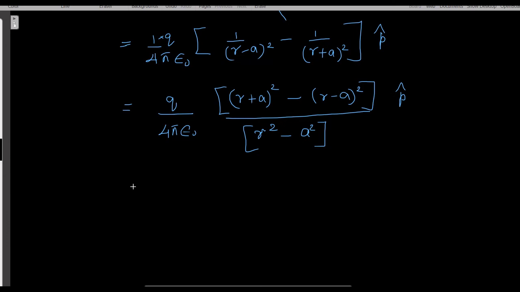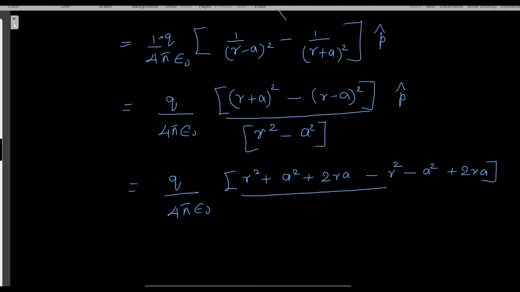Now on solving this we get Q by 4 pi epsilon naught into, R square plus a square plus 2Ra minus R square, minus a square plus 2Ra, so minus minus plus, 2Ra whole divided by (R square minus a square) whole square.